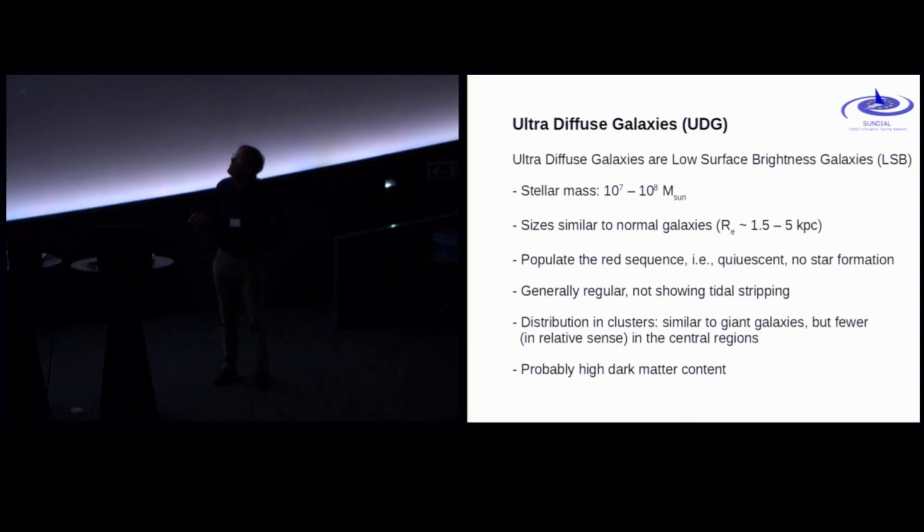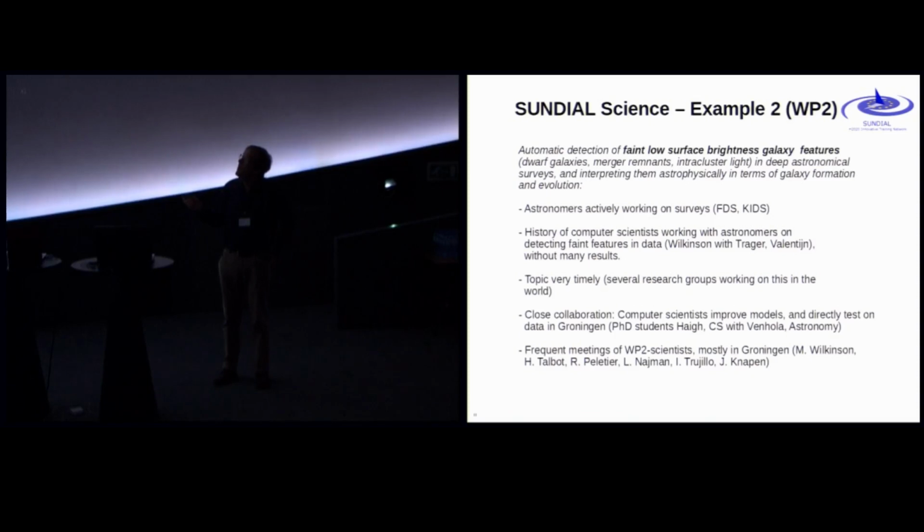So what are we doing here? We have the FDS survey. We're also using a few other surveys like the Stripe 82 deep Sloan survey. We are also going to work a bit on KiDS using similar techniques.